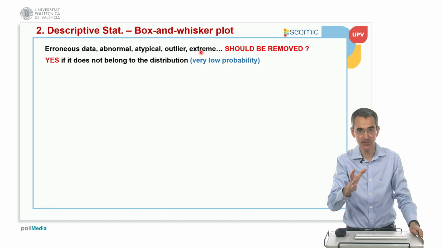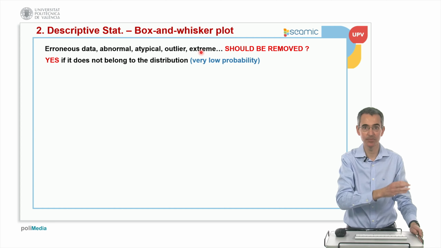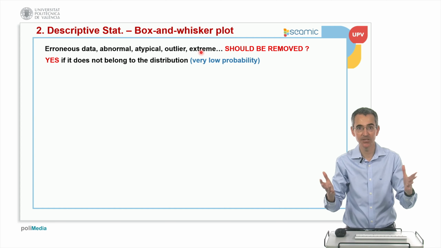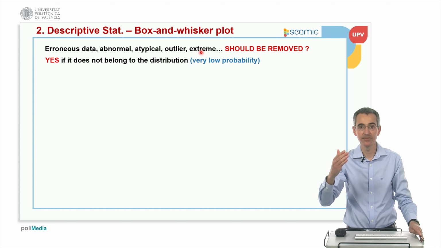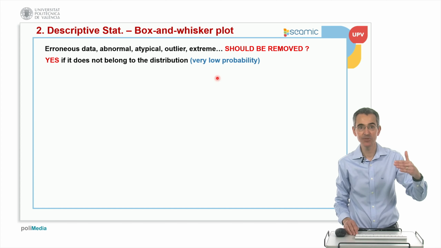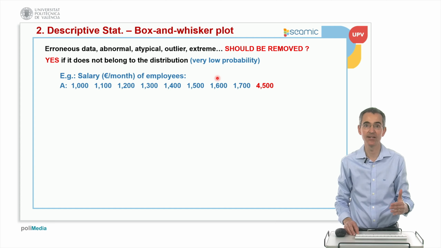And this is the key issue, because if a value is clearly erroneous and does not correspond to the population, we should remove it, because otherwise it will affect too much the average, the variance, and many other parameters of position and dispersion. So we should remove the value if it does not belong to this distribution, if the probability of belonging to this distribution is very low.